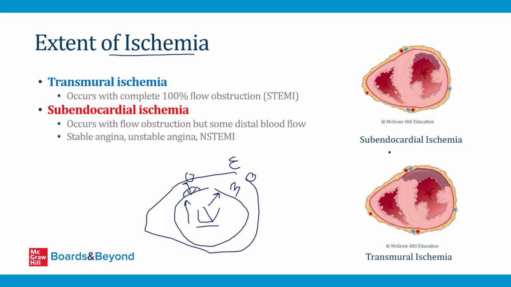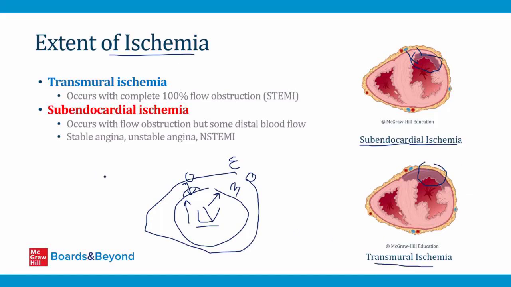So if you have a mild degree of decreased oxygen delivery, you could get what's depicted in the top picture here, subendocardial ischemia. This area in purple has become ischemic. It's not the whole wall of the left ventricle, it's just the subendocardial layer. On the other hand, if you have more severe ischemia, then the entire wall will become ischemic. Everything will turn purple here, and we call this transmural ischemia.